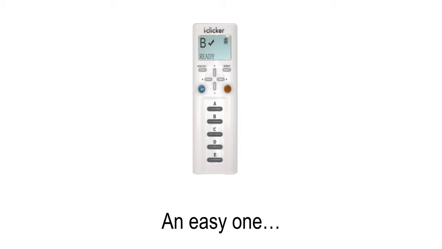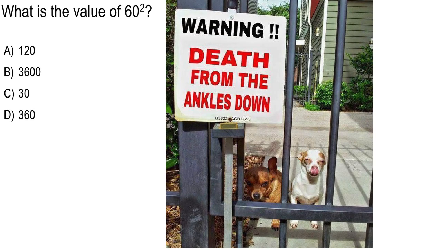If you're operating your clicker for the first time, hold the power button down. We are on frequency BB. Hold the power button down until the square flashes, then type B and B, and you'll be ready to go. Hopefully this is an easy one, and do not let these two ferocious hound dogs intimidate you. Go ahead and answer this question.